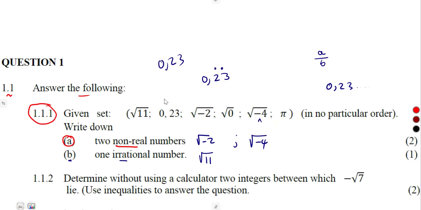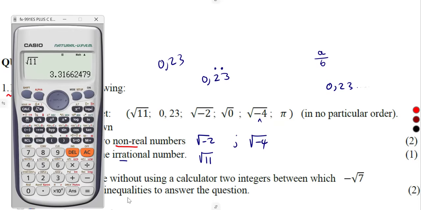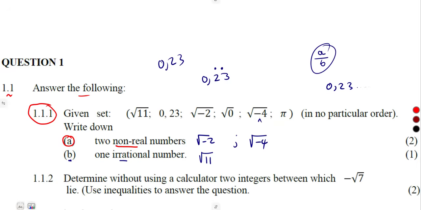That's a rational number, and it can be written as a fraction: 0.23 is equal to 23 over 100. So this one is not part of the irrational numbers. If you check your memo, there's just a mistake, because from the presentation it is 0.23 like this. So that one is a rational number.